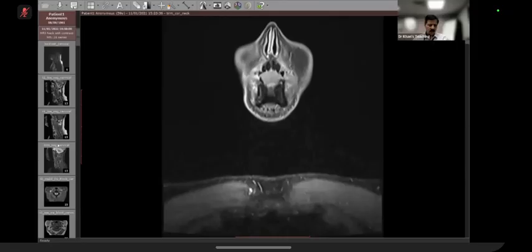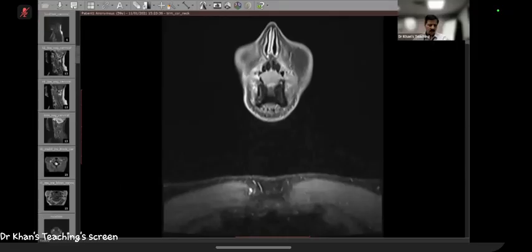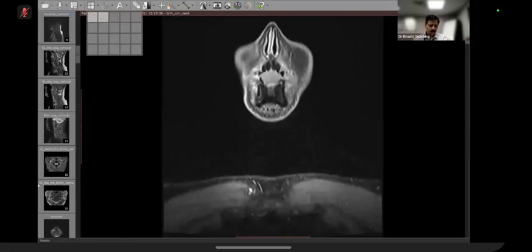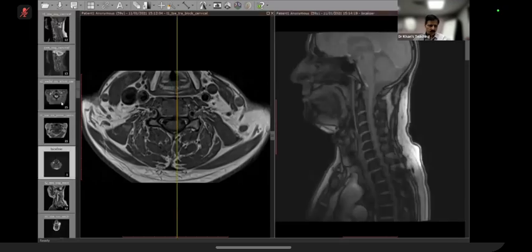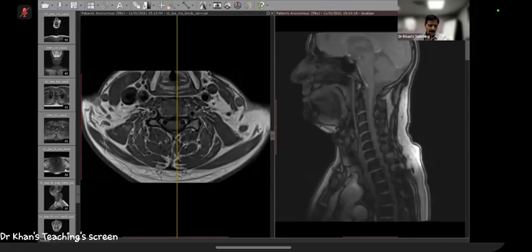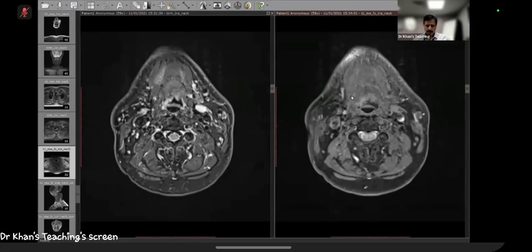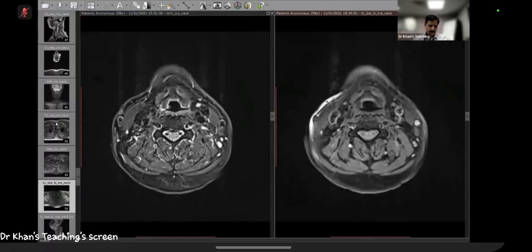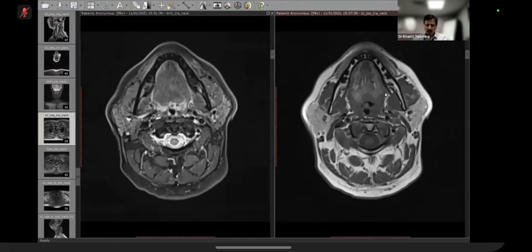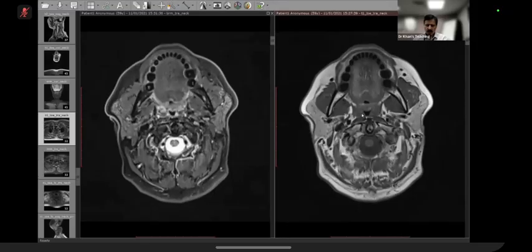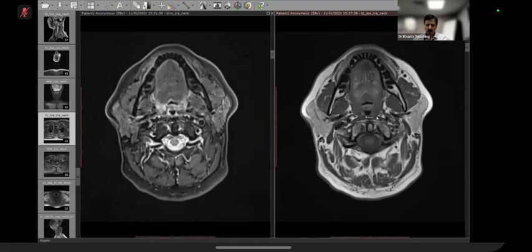Now, so if you just concentrate on this T1, can you see this DICOM image, candidate 2?